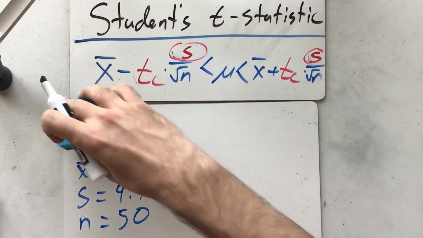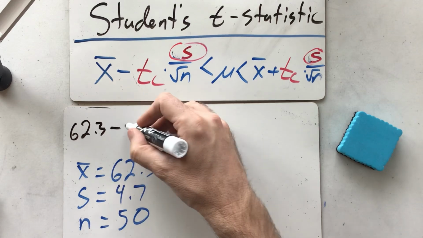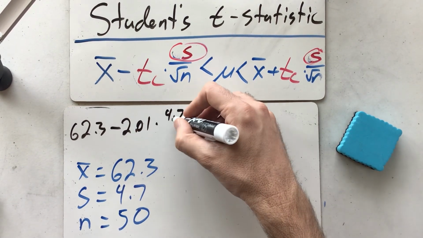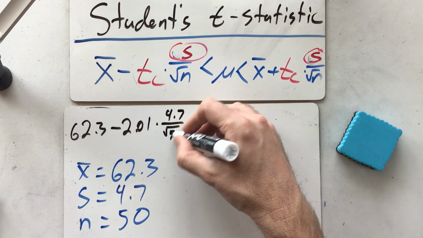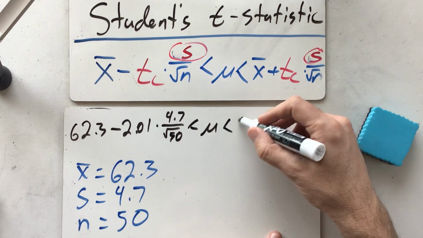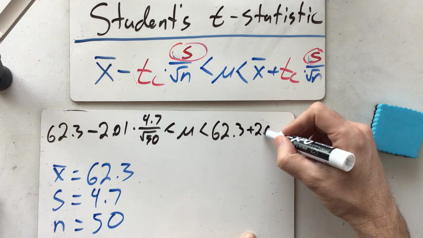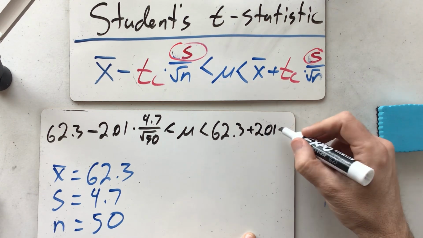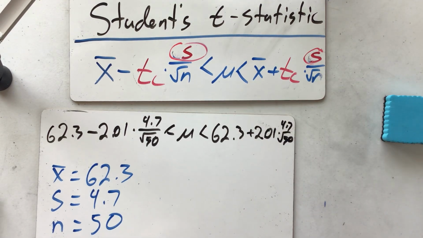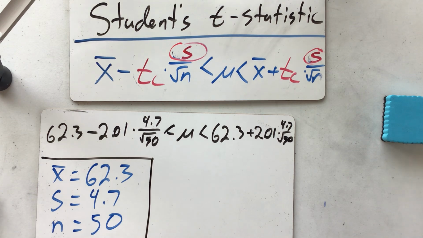Yeah, let's just erase all of that. 62.3 minus 2.01 times 4.7 over the square root of 50 is less than mu is less than 62.3 plus 2.01 times 4.7 over the square root of 50. Now I'll calculate all of those in and see what I get.